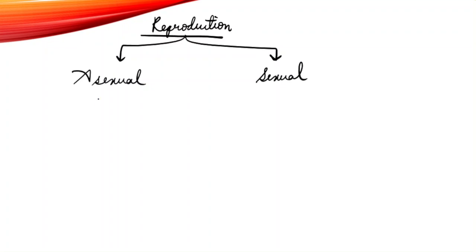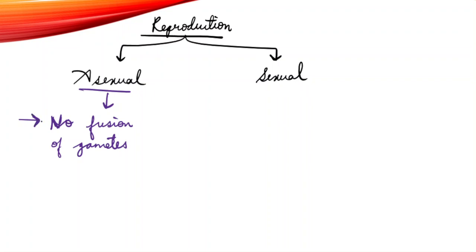Asexual reproduction means the reproduction in which there is no fusion of gametes. So here there is no involvement of gametes. Since there is no fusion of gametes, even if only one organism is present, it is fine. The uniparental condition occurs in asexual reproduction.